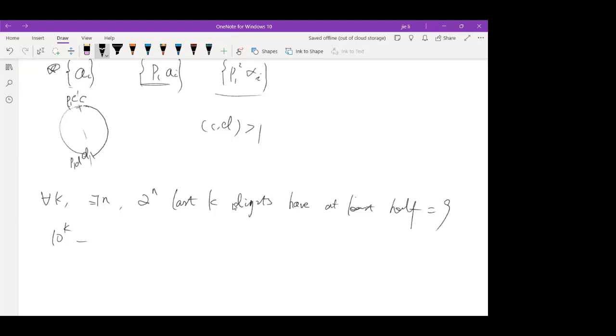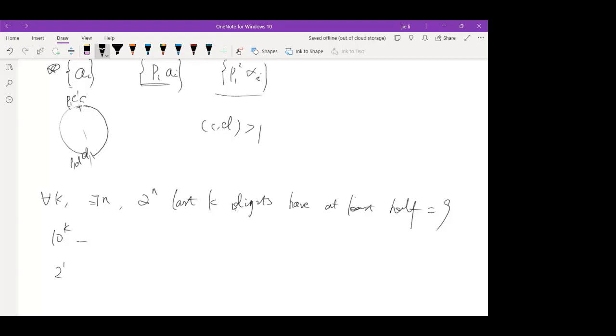So what you need to think, 2 to the, okay, 2 to the kth power. So here you think, if we let 2 to the nth power equal a smaller number mod 10 to the kth power, right?